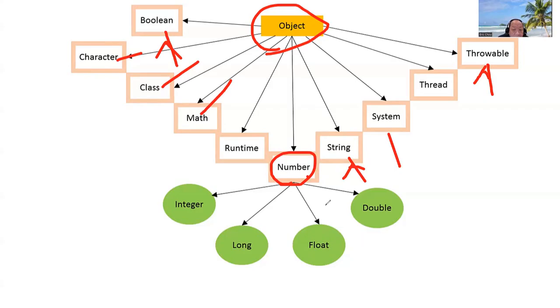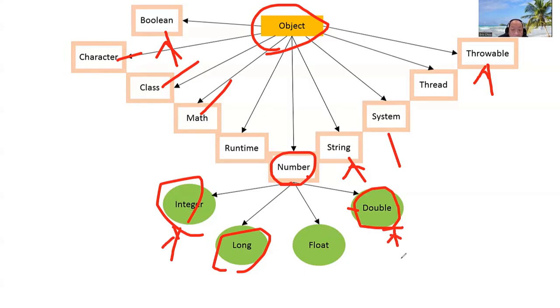Under the number class, you have double class, long class, integer. So you have new integer. You have integer dot min value. You have integer dot max value. These are the integer class. There's a double class. You have double dot plus double, right? These are the classes. So all of these are under object.